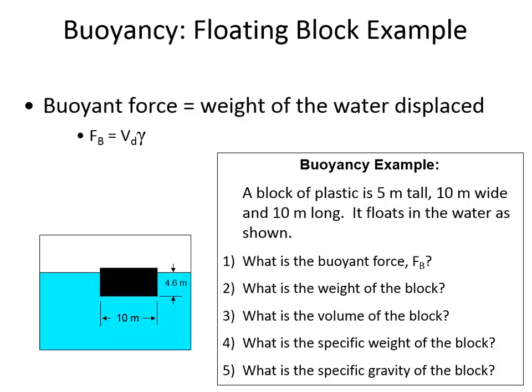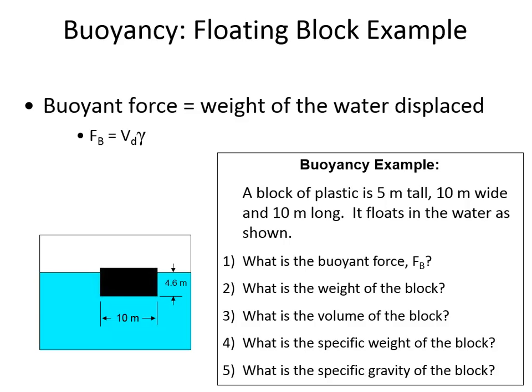It's floating in the water such that the distance from the bottom edge to the water surface is 4.6 meters, meaning that 0.4 meters of the plastic block is above the water surface. So based on that, calculate the buoyant force.